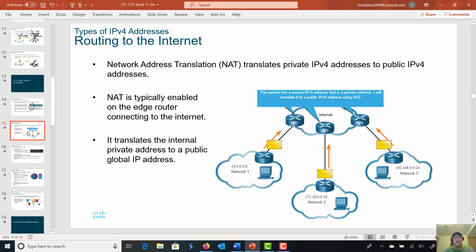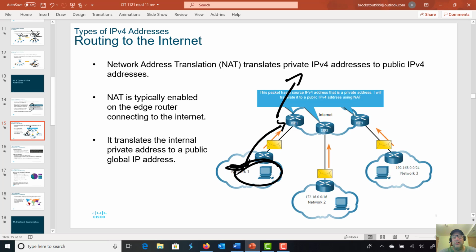If we look at network 10 here, this device wants to get on the internet. No problem. It sends its information to its gateway router that's connected to its ISP, and at some point, network address translation is going to take place, and it's going to remove that 10 address from the source, and it's going to replace it with a global IP address that your organization or your home has.